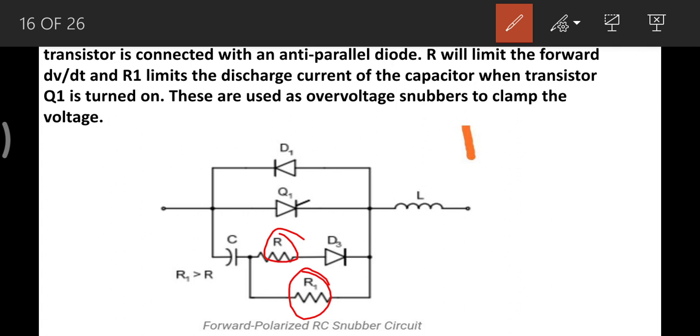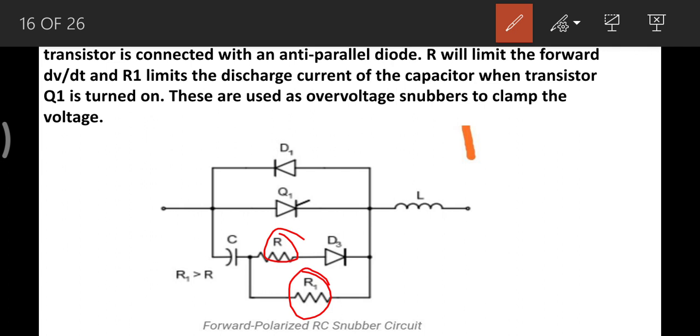So here two resistors are used. One is R, which limits the rate of rise of voltage, and the second one is R1, which limits the discharge current from the capacitor when transistor Q1 turns on.